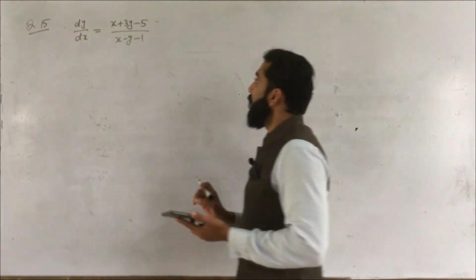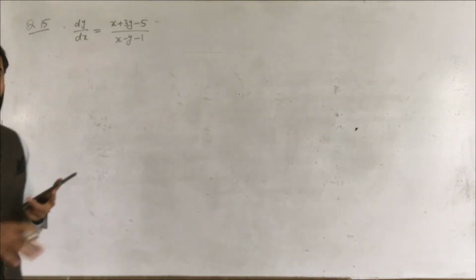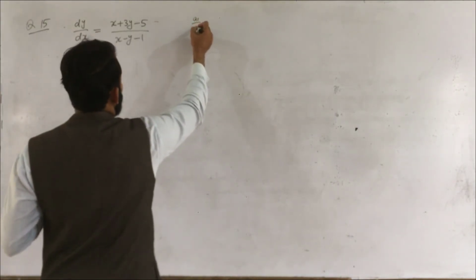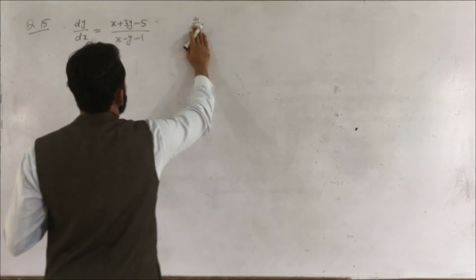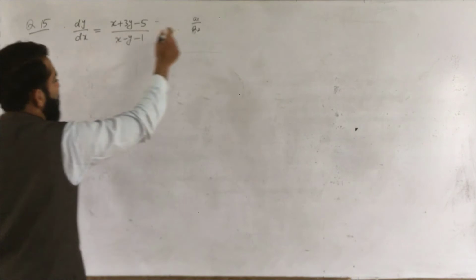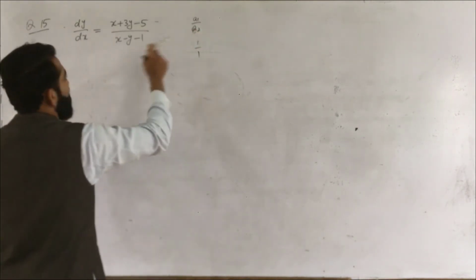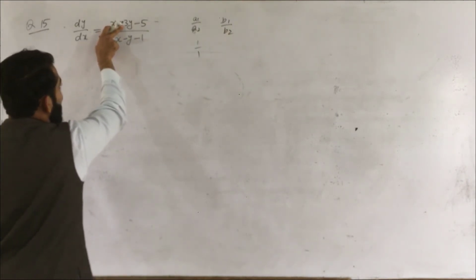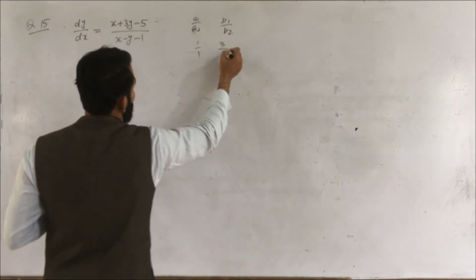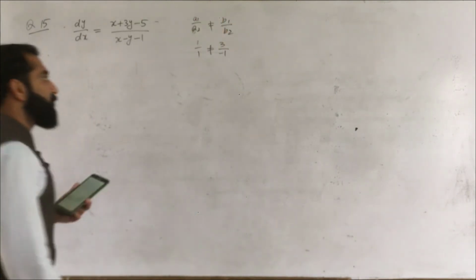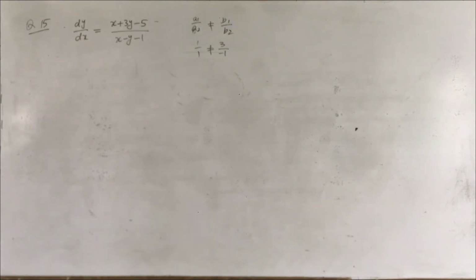Now which type, first or second? For that we have a1 over a2, which is 1 over 1, and b1 over b2, which is 3 divided by minus 1. These are not equal. So a1 over a2 is not equal to b1 over b2.